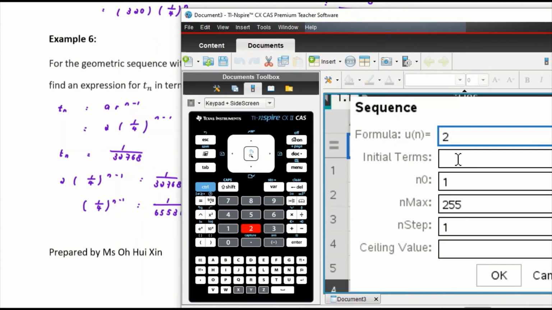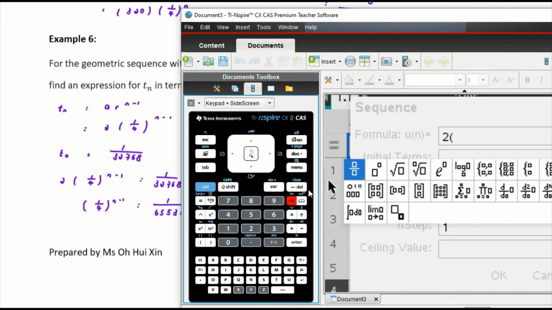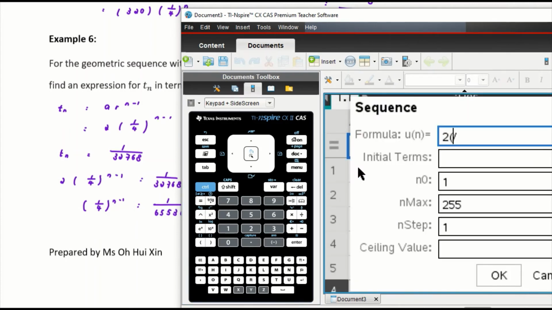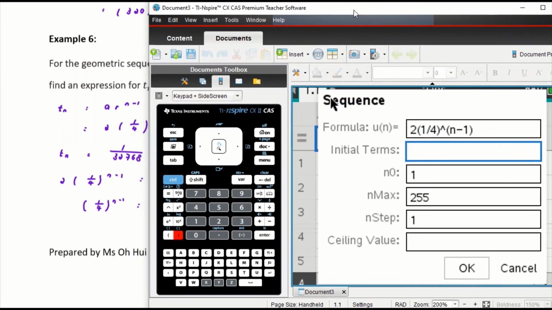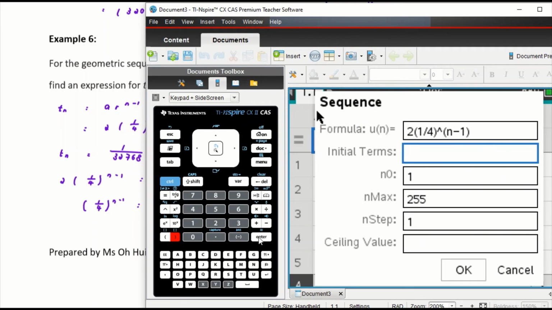Okay, so 2, and you need to press fraction, right? So 1 over 4 to the power of, then remember the bracket, n minus 1. After you get this, the initial term is given as well, which is 1 over 4. Same thing, it's a fraction, so 1 over 4.